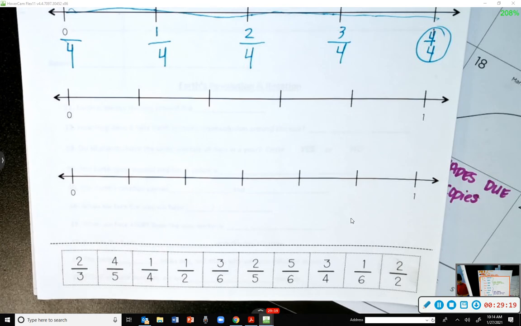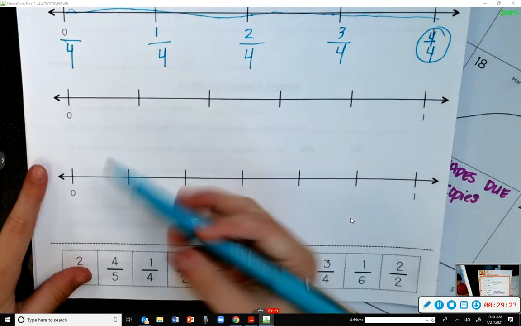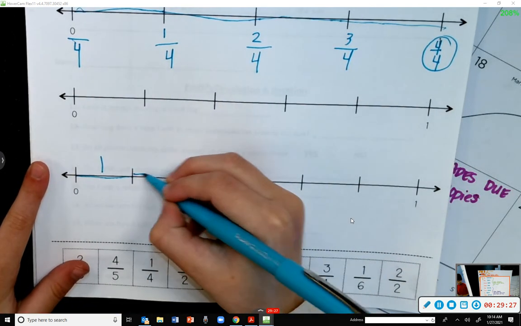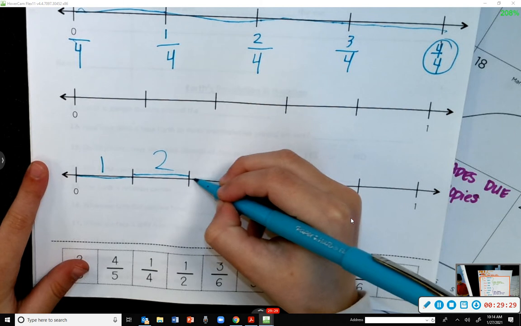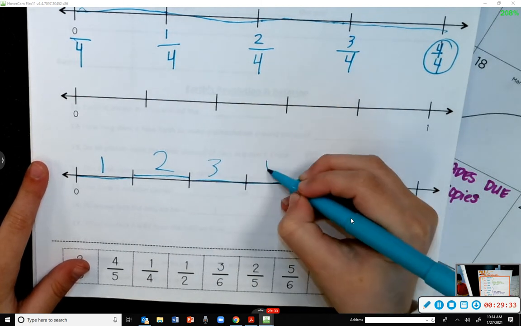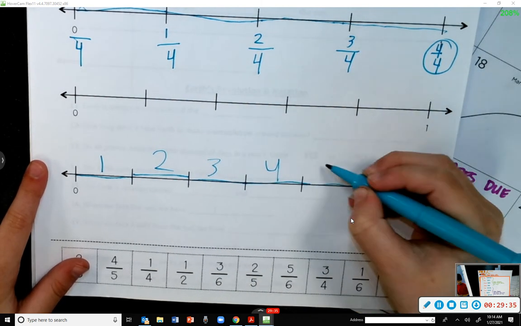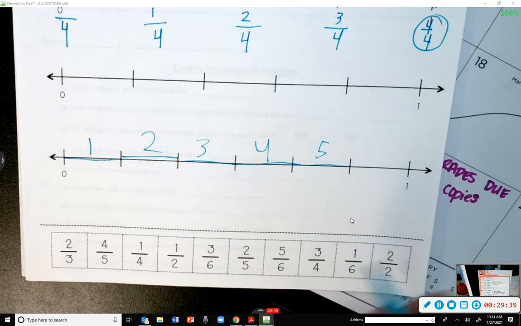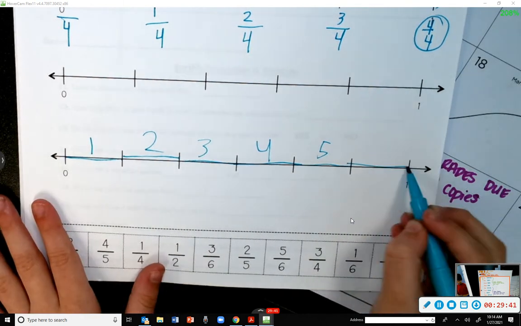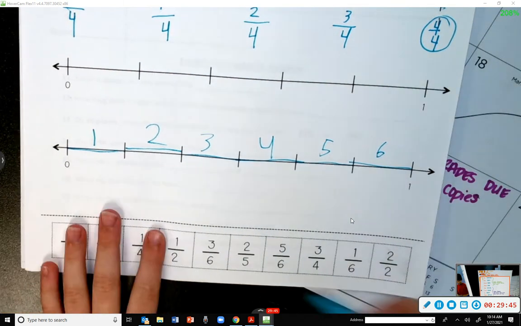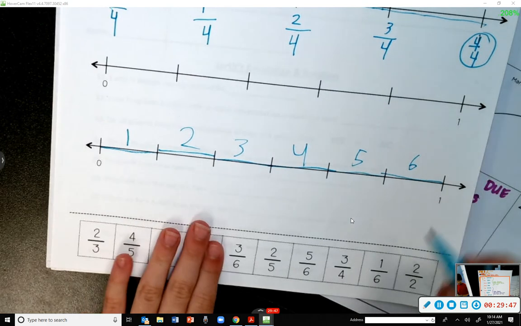Only 2 more left, and then you guys are going to practice this on your own. 1, 2, 3, 4, 5. Oh, wrong one. No, it's okay. Keep going. 6. Okay. There's 6 spaces. Good. 6 spaces.